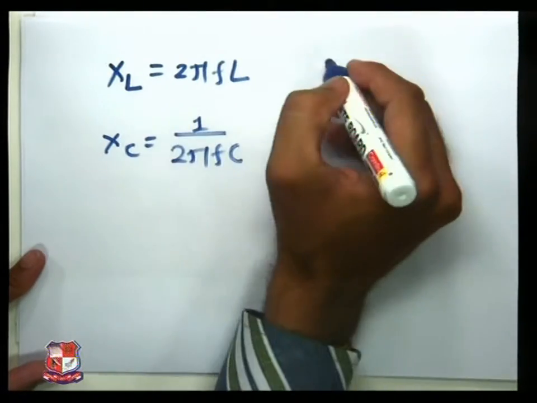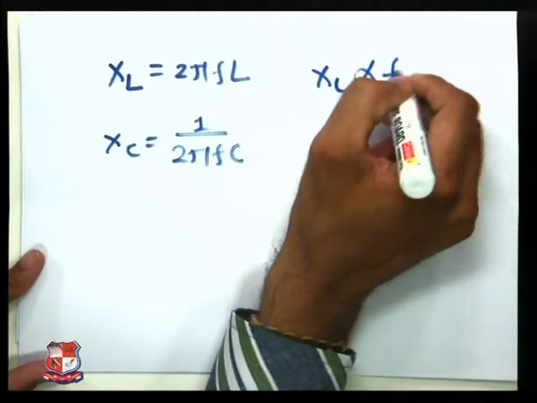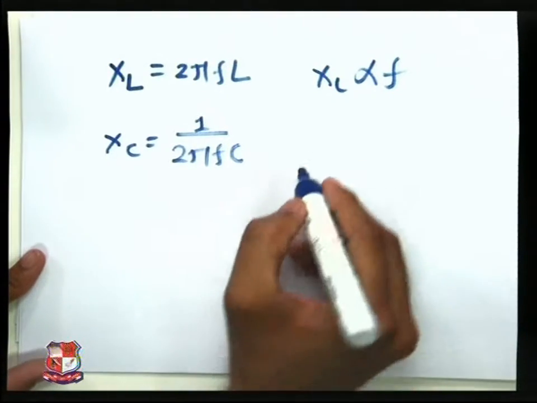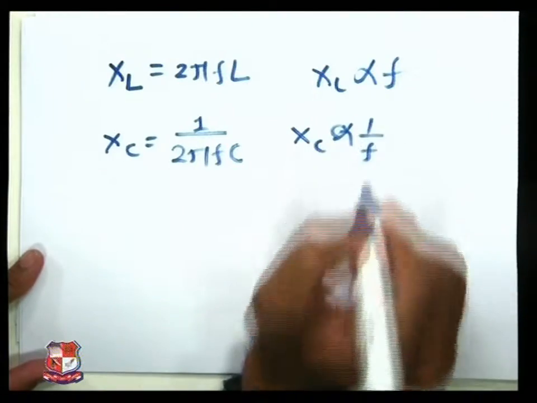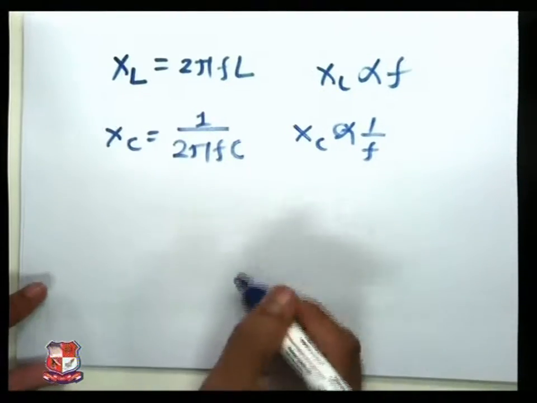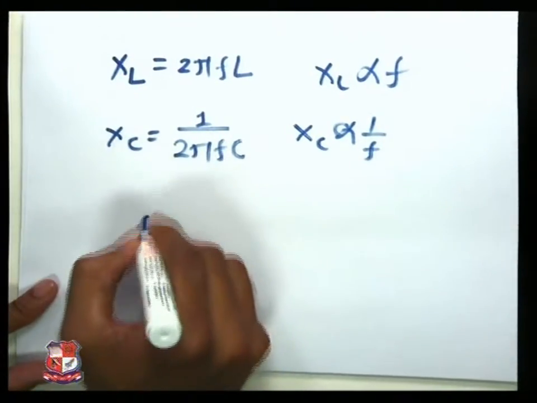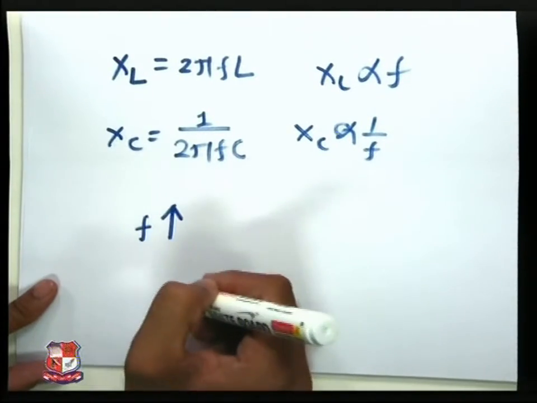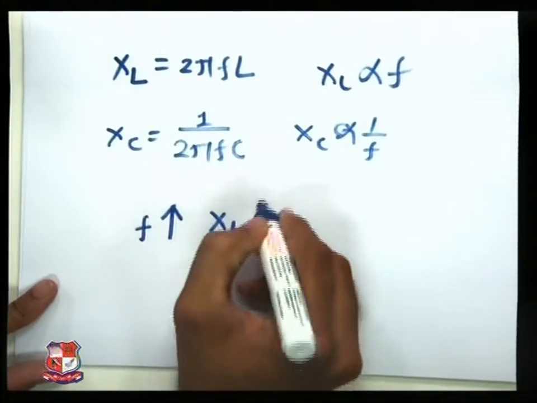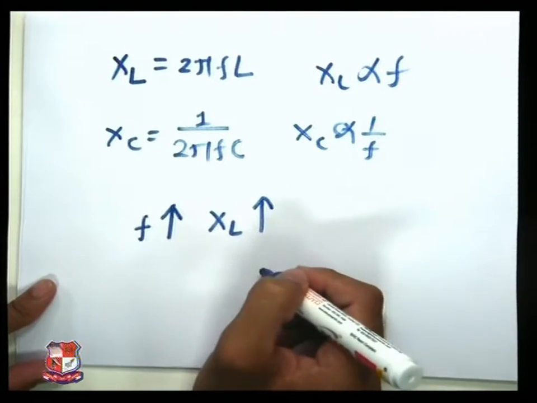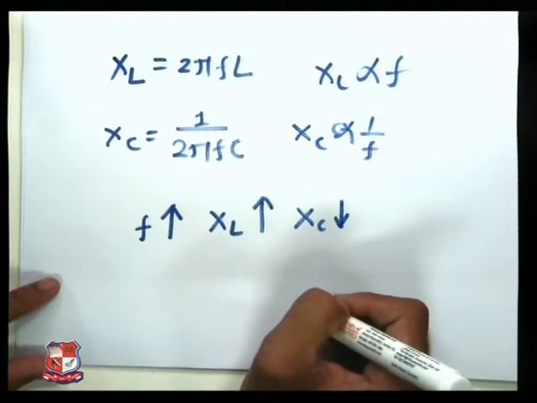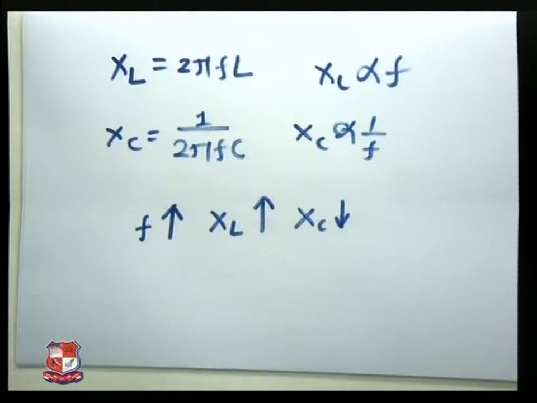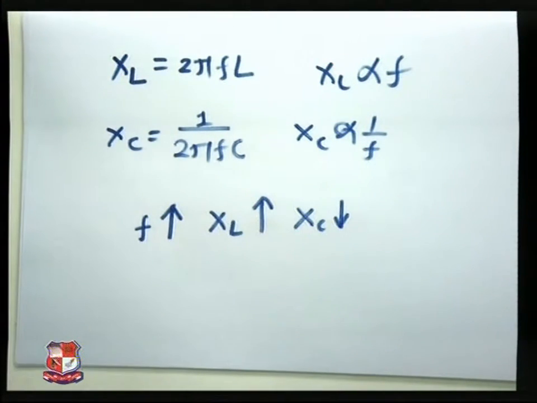So XL is directly proportional to frequency and XC is inversely proportional to frequency. If I increase frequency, XL also increases, but XC decreases.